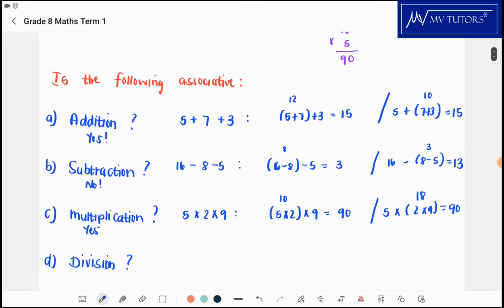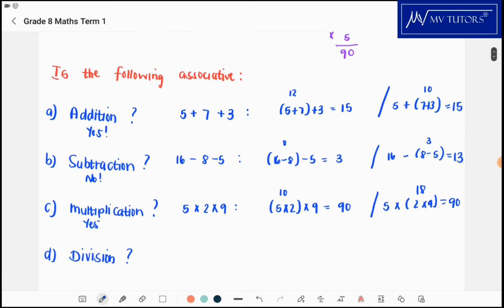What about division? Okay, let's use the numbers here. Let's say 20 divided by 4 and then divided by 5. So firstly, we're going to start with 20 divided by 4, and then we're going to divide by 5.